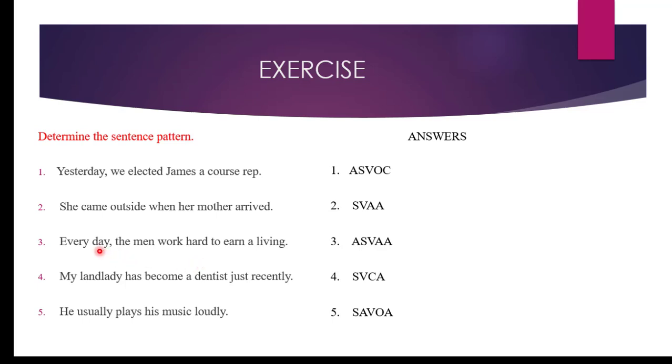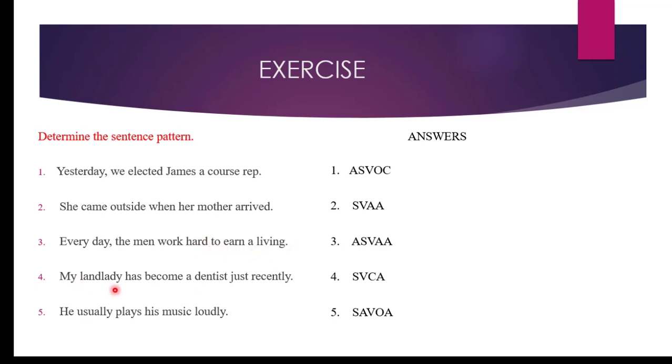So we have ASVA. What about "to earn a living"? It is giving us information about the reason why they work hard. Why do they work hard? To earn a living. Therefore, it is an adverbial clause of reason. It is functioning as our adjunct. So we have two adjuncts, hard and then to earn a living.